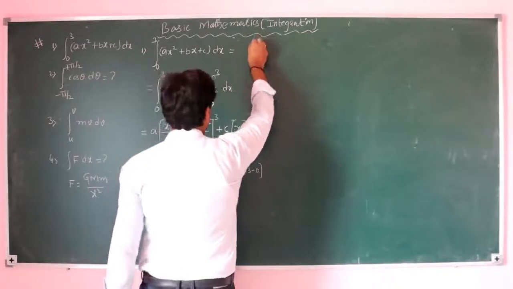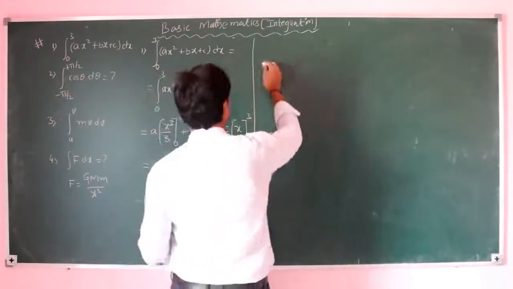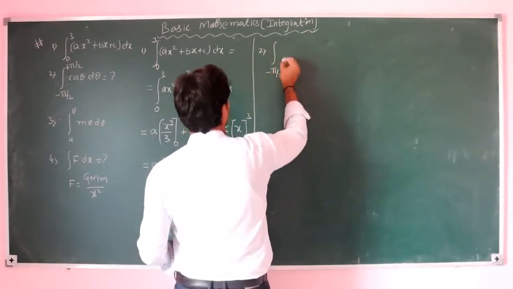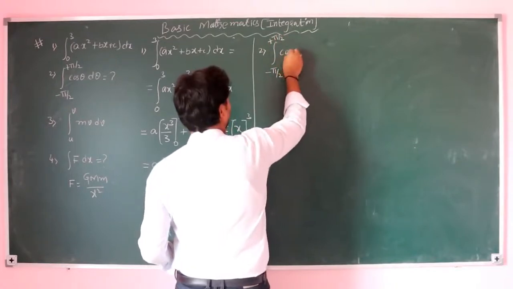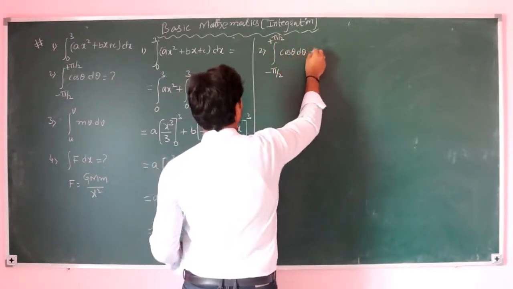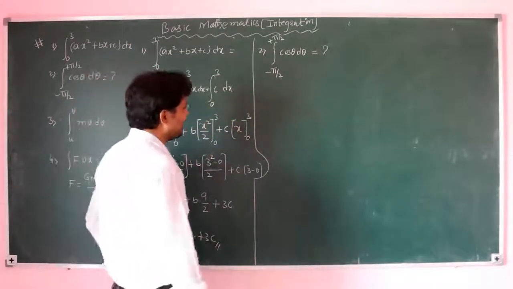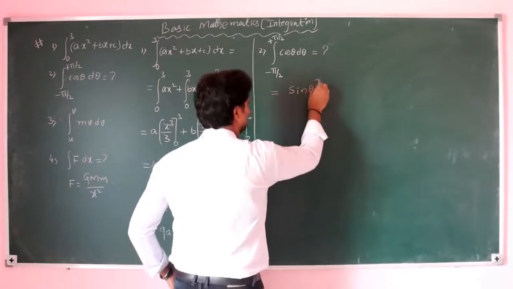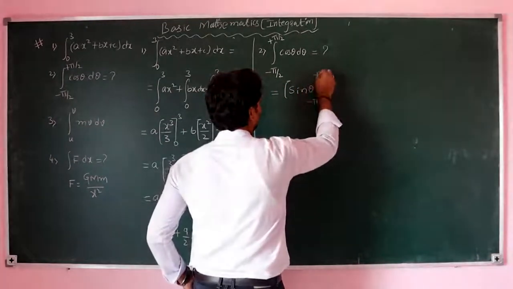And we will move to the next problem. The integral from minus pi by 2 to plus pi by 2 of cos theta d theta. The integration of cos is sine, with limits minus pi by 2 to plus pi by 2.